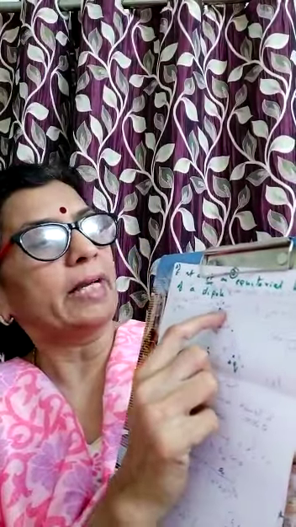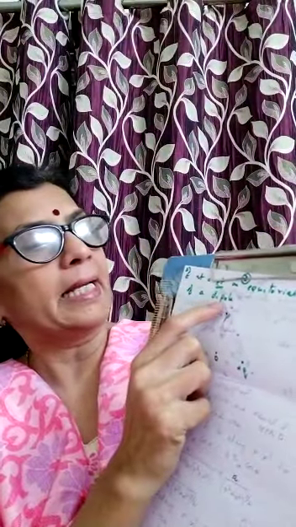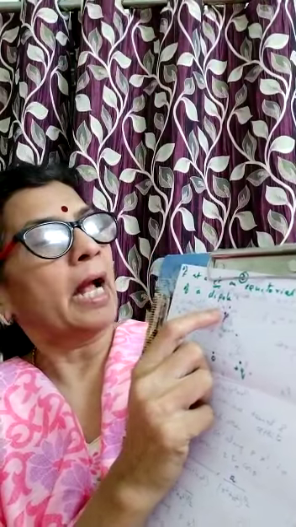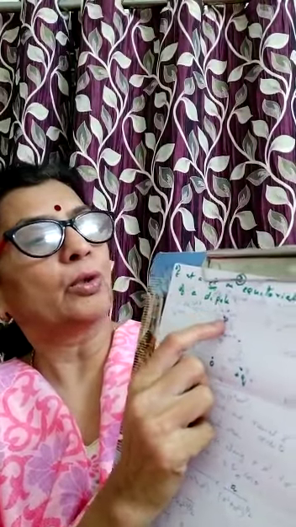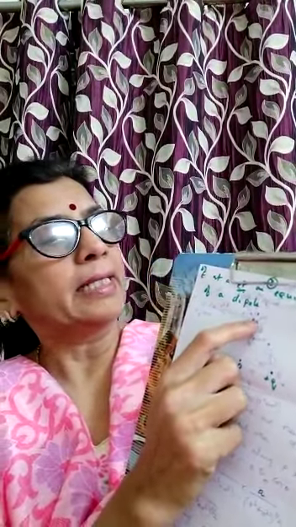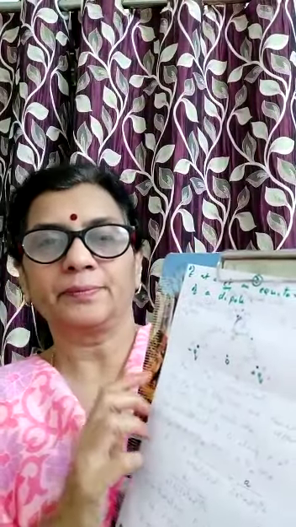Similarly, due to the point B here, the field is moving away. The angle is theta here, and this can be resolved into two components, EB cos theta and EB sin theta.